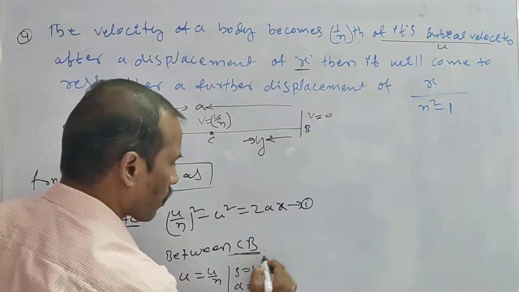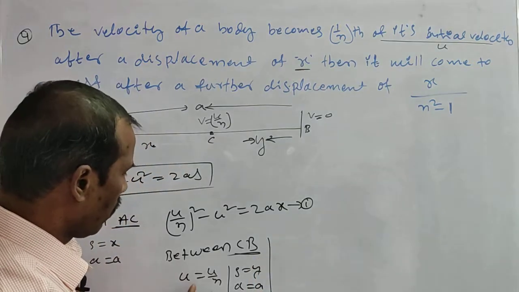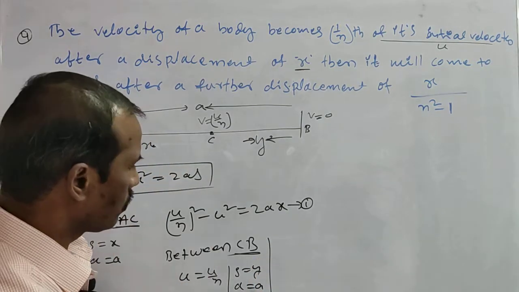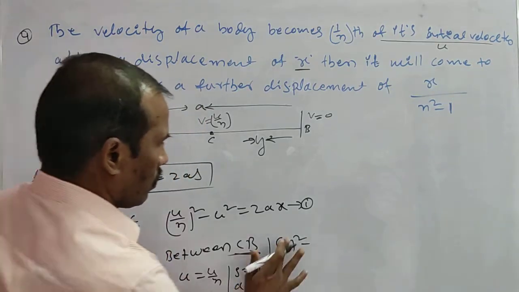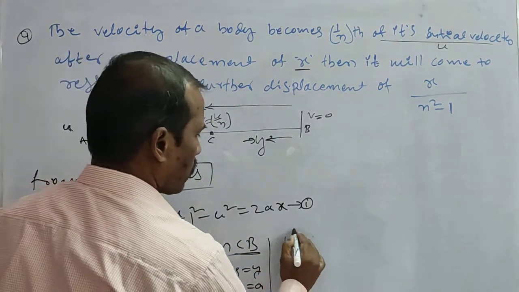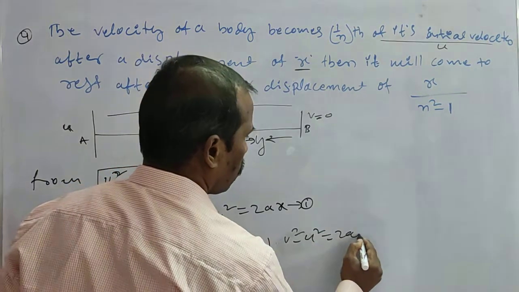The formula is v squared minus u squared is equal to 2as.